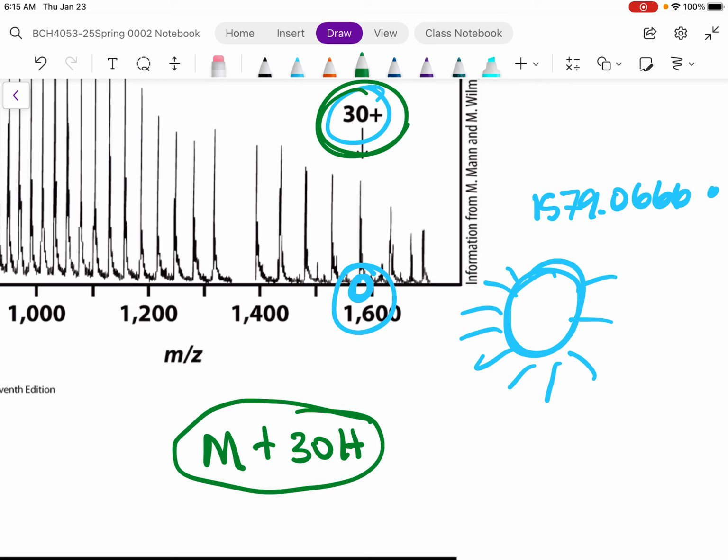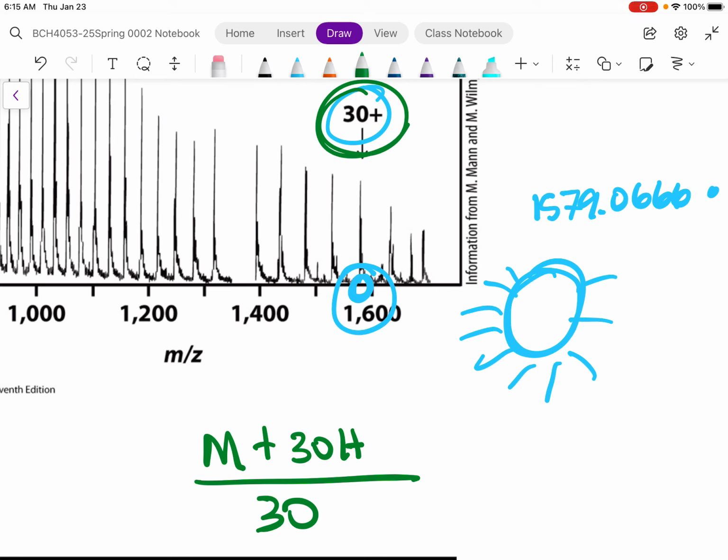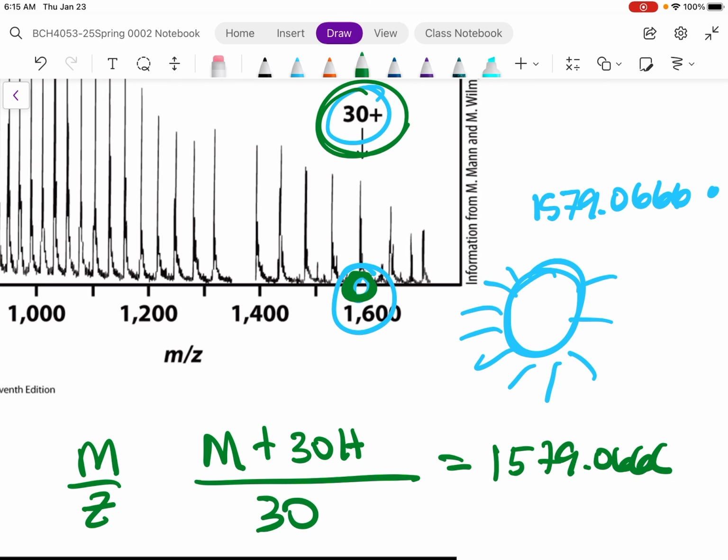We take that total mass and divide it by the charge state, which is 30, and that has to equal the m over z. That's what we have here, the m over z: the total mass divided by the charge. And that value came out to be what is shown right there, which is 1579.0666.